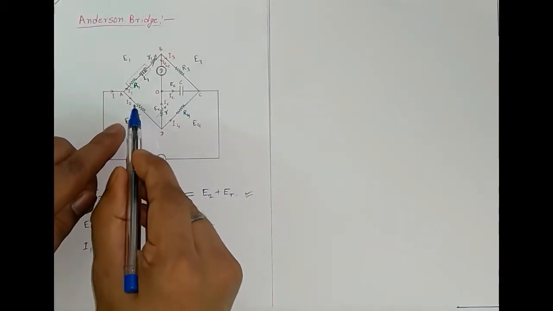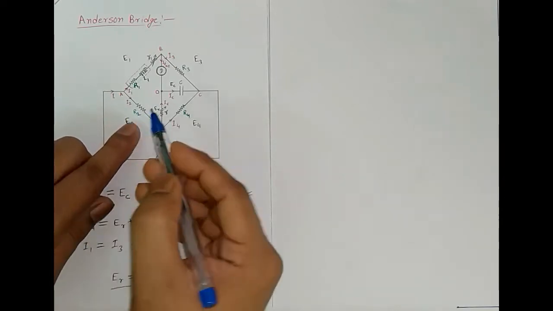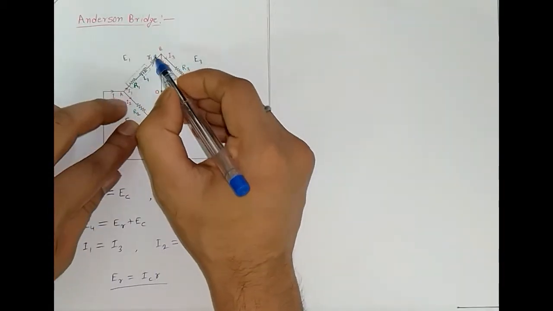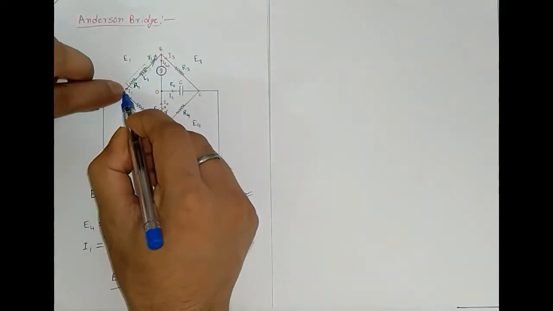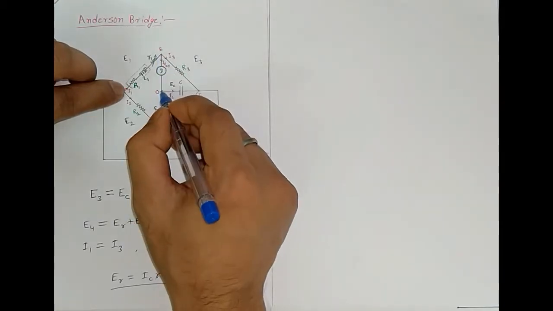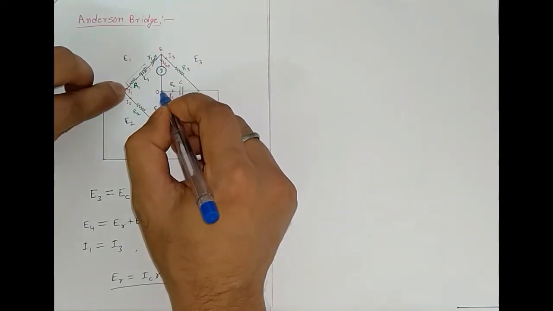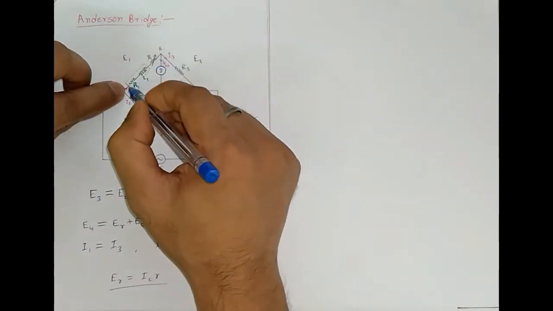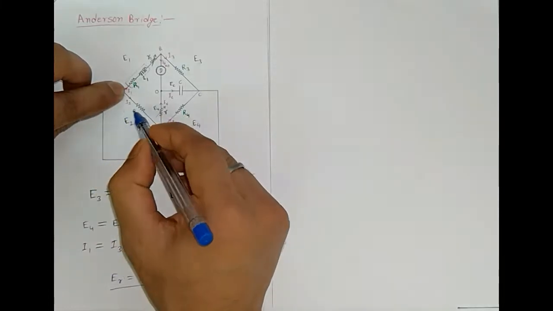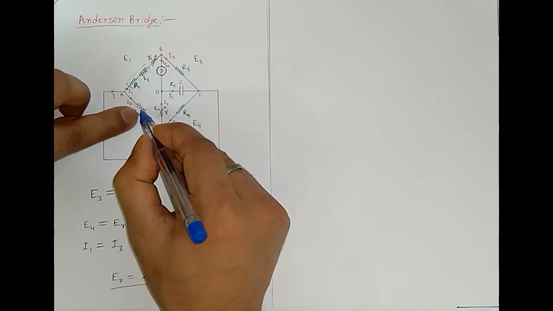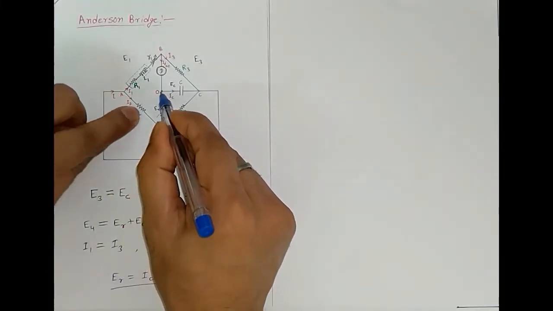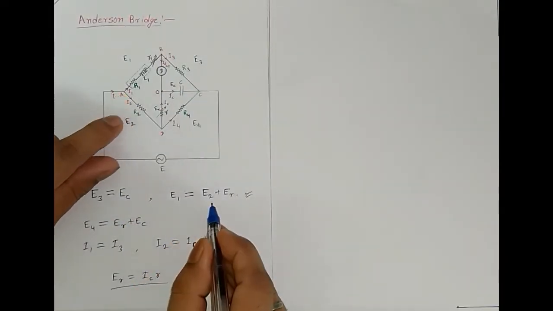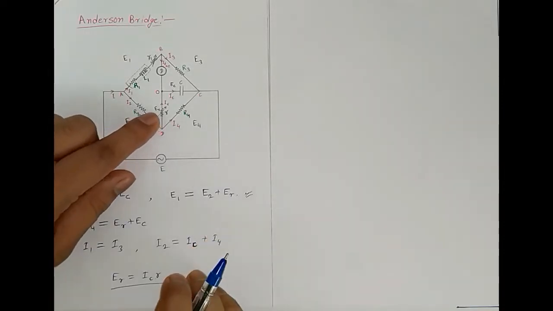That means the potential drop across resistance R2 plus this potential should be equal to this one, because there is a common point and these paths are in parallel, and there is no current in this R. The potential drop across this path equals the potential drop across this path, because this is the equipotential point. So E1 equals E2 plus ER.